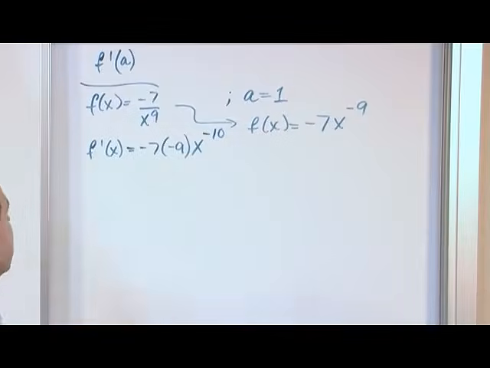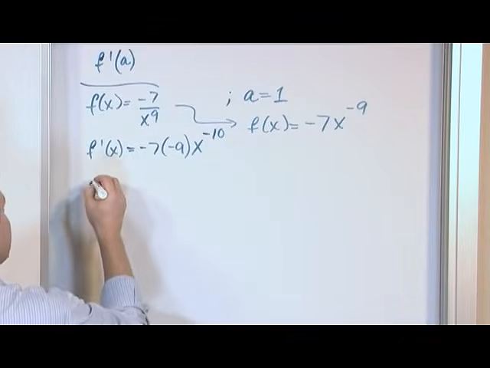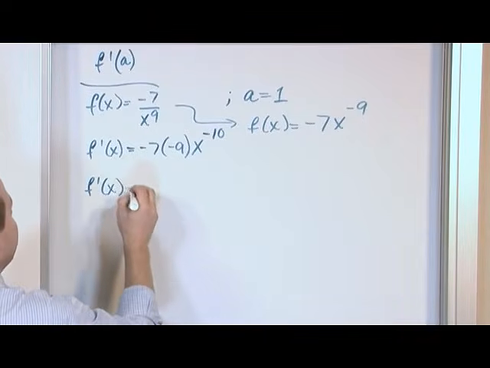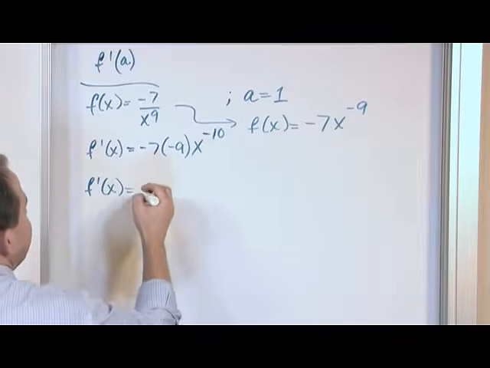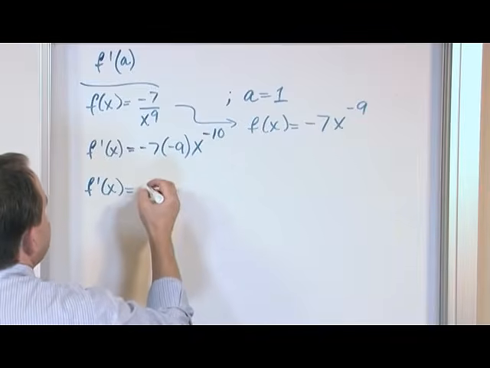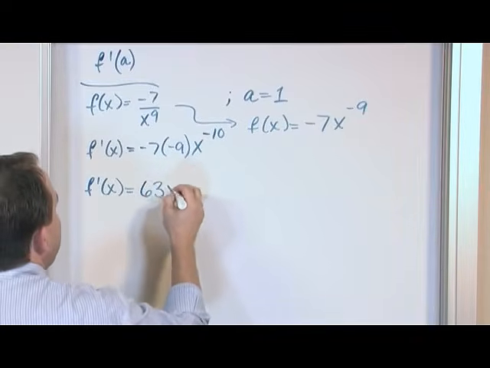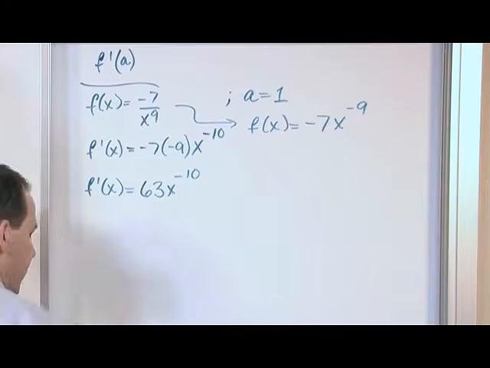So I'm subtracting 1 off of that exponent. So my derivative is simply 9 times 7 is 63, so it's positive here. Negative times negative is positive. 63x to the negative 10th power.